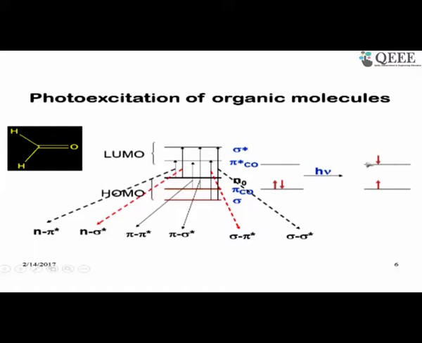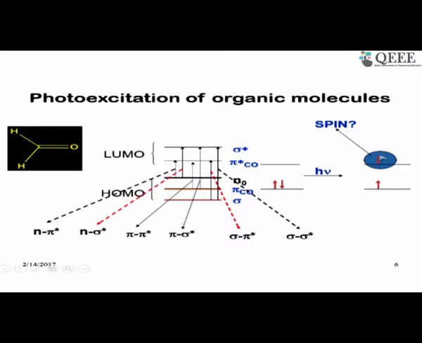Now as soon as it reaches there, its spin remains the same as in the ground state. So initially they are paired. That is because Pauli's exclusion principle suggests that in any orbital, if there are two electrons, their spins have to be paired, otherwise it's not stable.